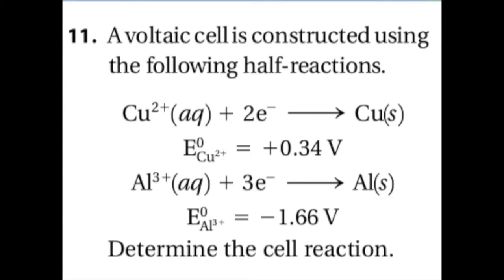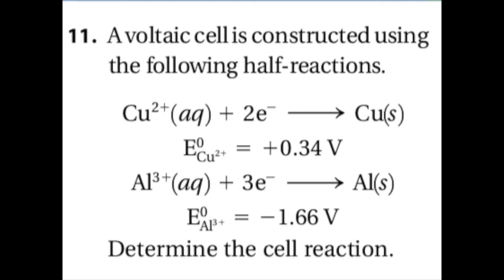Well, in order to get a positive number, you don't have to know a lot about math to know that positive 0.34 minus a negative of 1.66 is going to give you a positive value. So it's going to be a plus 0.34 minus a negative 1.66, and that'll give you a positive 2.